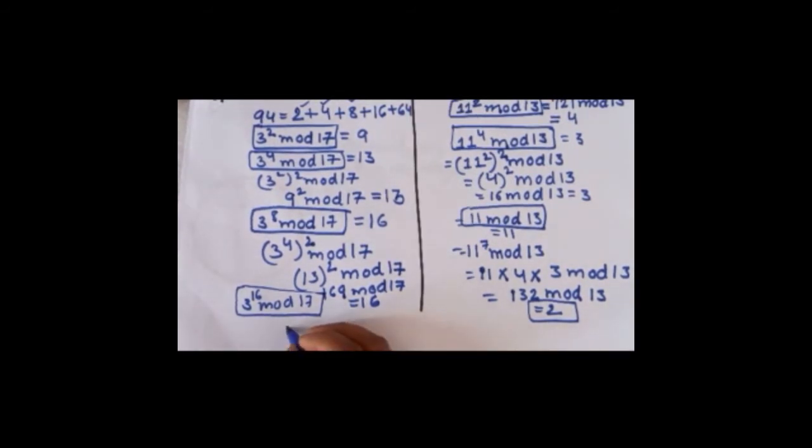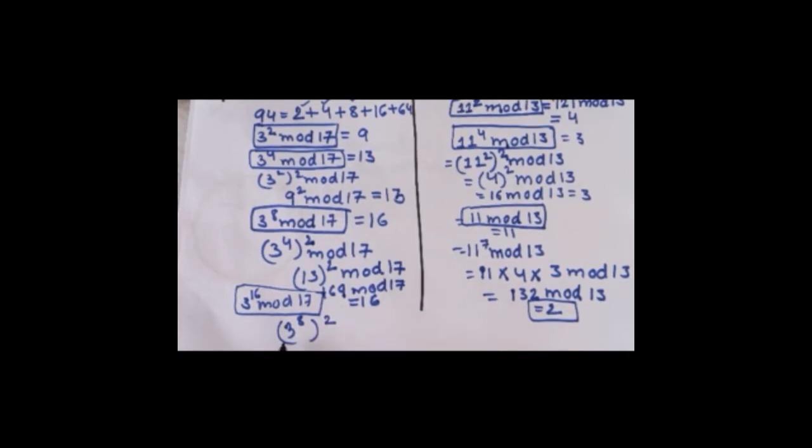You can write it as (3 to the power 8) to the power 2, isn't it? 8 twos are 16. So I need to find the value for this.